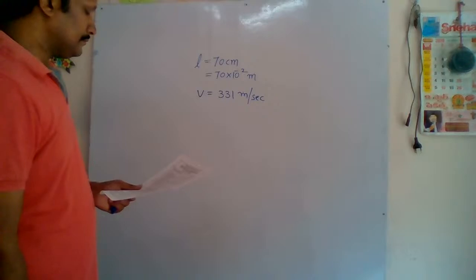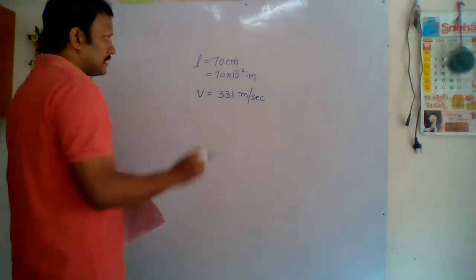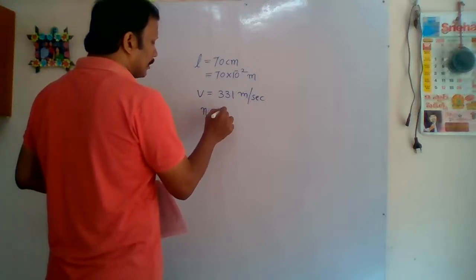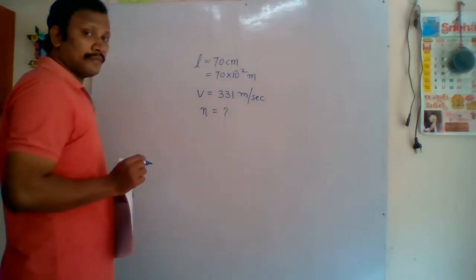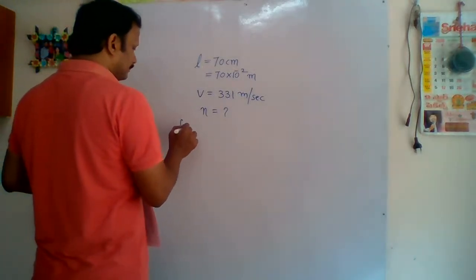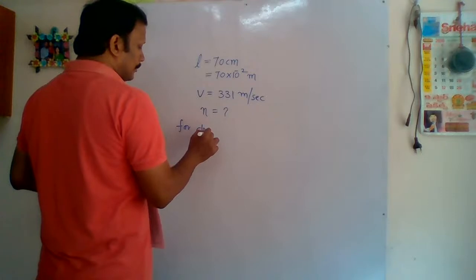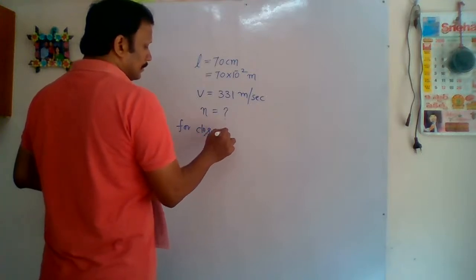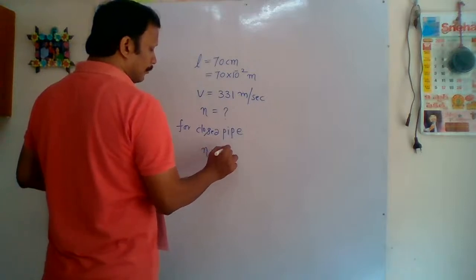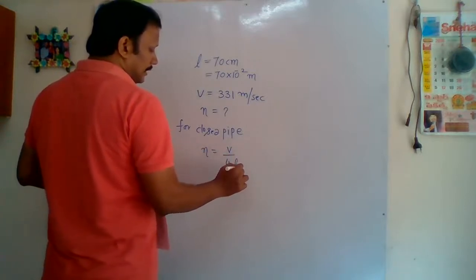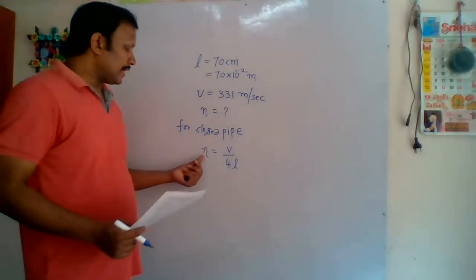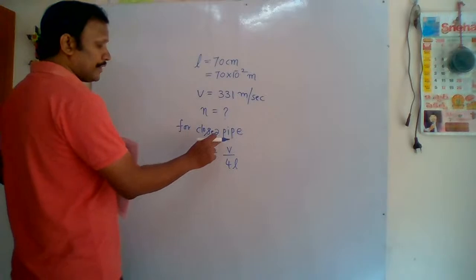Then what is the fundamental frequency? For a closed pipe, the fundamental frequency formula is n is equal to v by 4l.